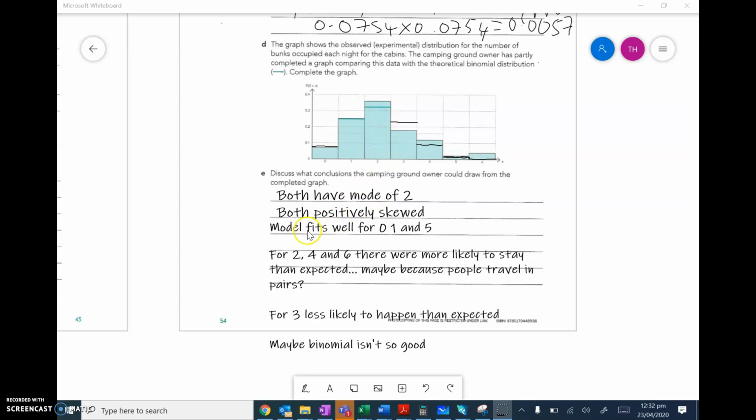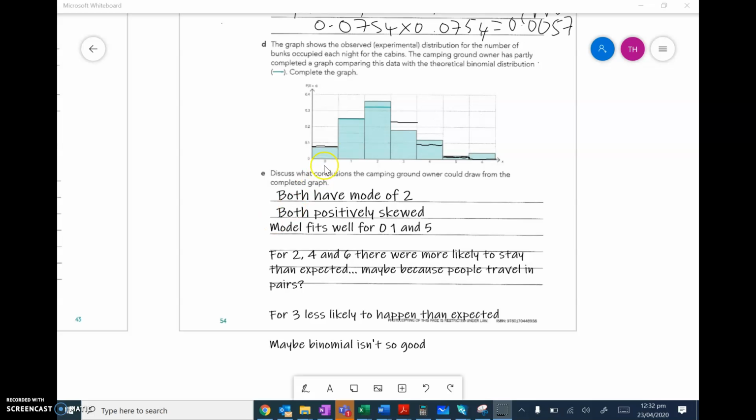It's the most common. They're both positively skewed. So the experimental one does kind of fit the look you'd expect a binomial distribution to be. You'd expect it to have a single mode, and potentially it could be positively skewed. That's something that can happen.